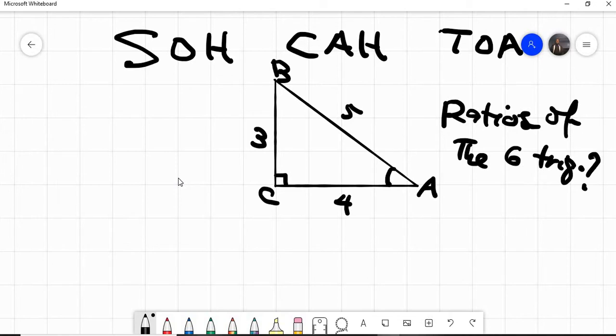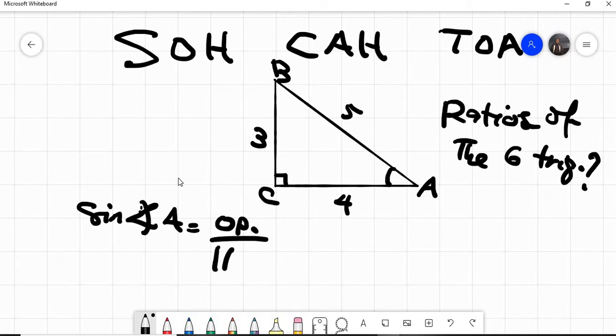So sine of angle A equals opposite over hypotenuse. The opposite of this angle is this side, which is 3, and this one is the hypotenuse, 5.